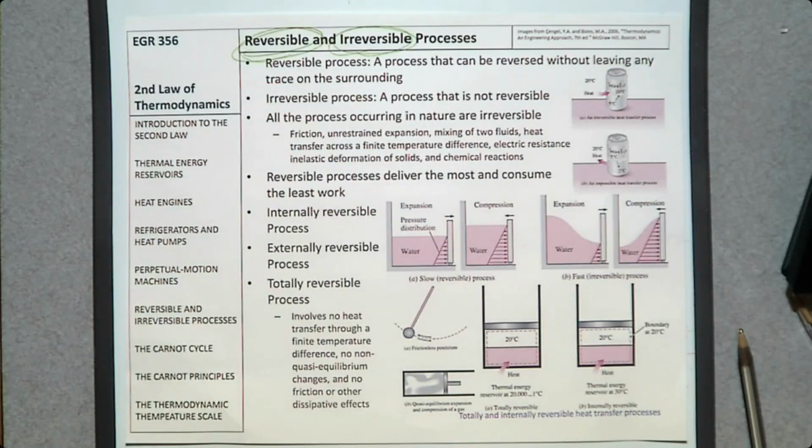If you buy a hot coffee like this and place it on this desk, its temperature goes down because there's heat transfer from the coffee to the surrounding air. This is an irreversible process. Once the coffee has cooled down, it cannot magically absorb heat from the surrounding air and become hot coffee again. That's not possible.